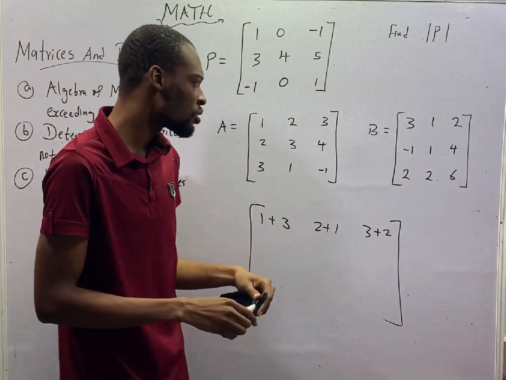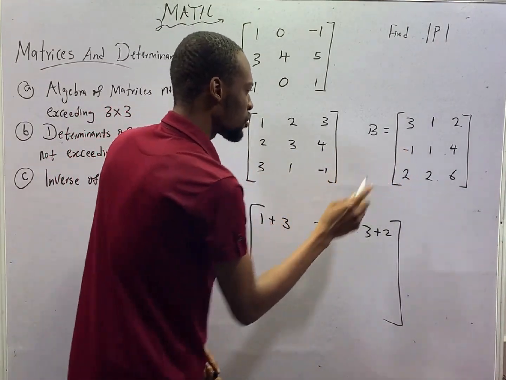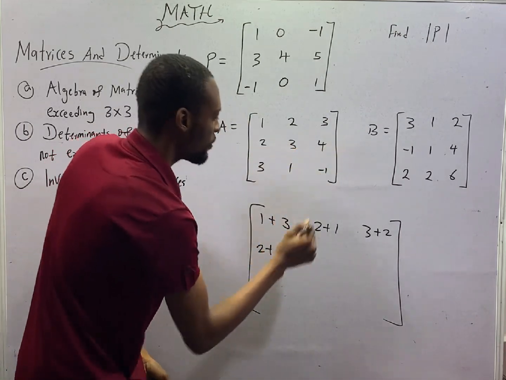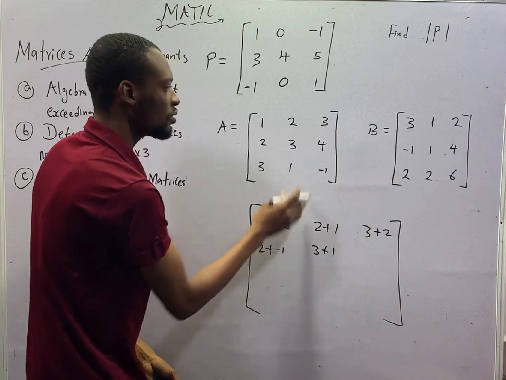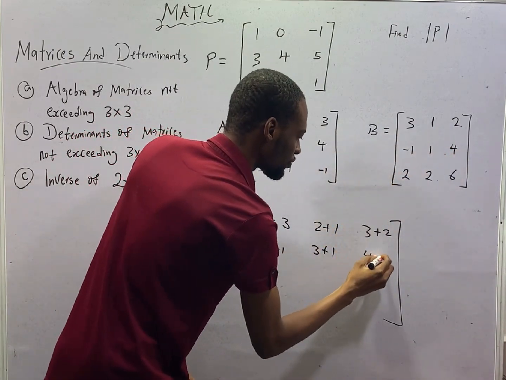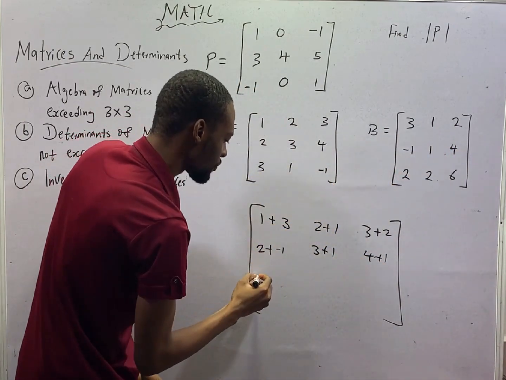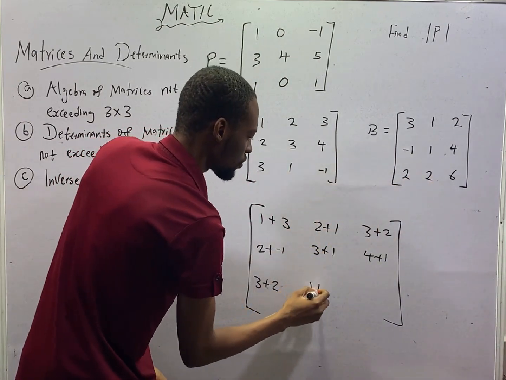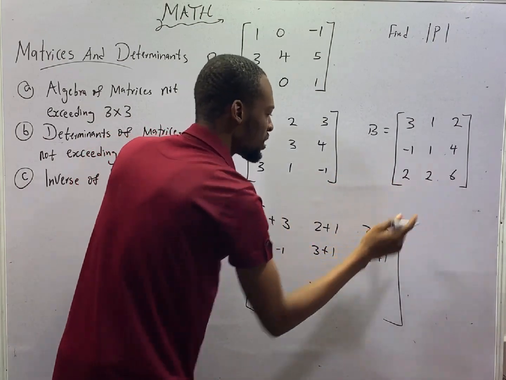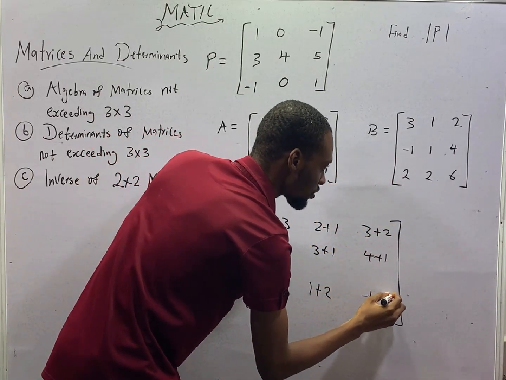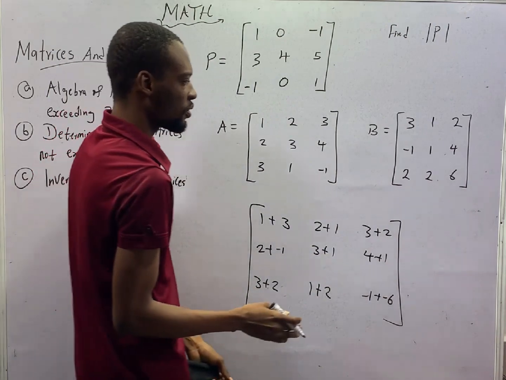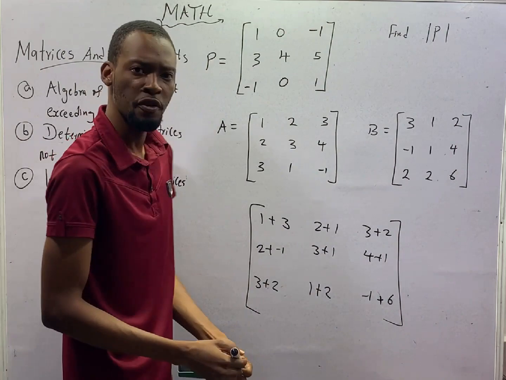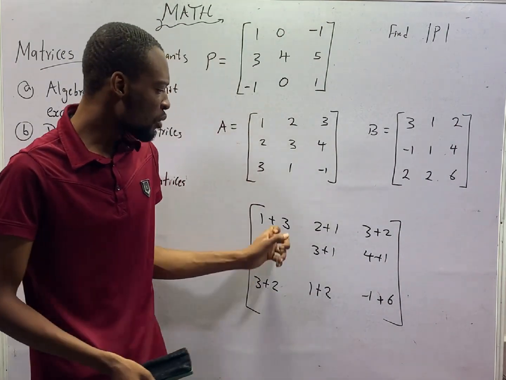For the second row, you have 2 plus minus 1. 3 plus 1. 4 plus 4. 3 plus 2. 1 plus 2. Minus 1 plus 6.